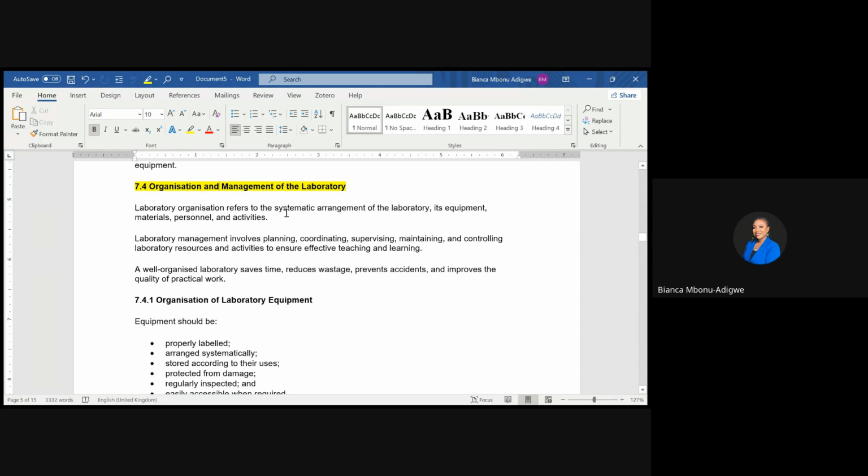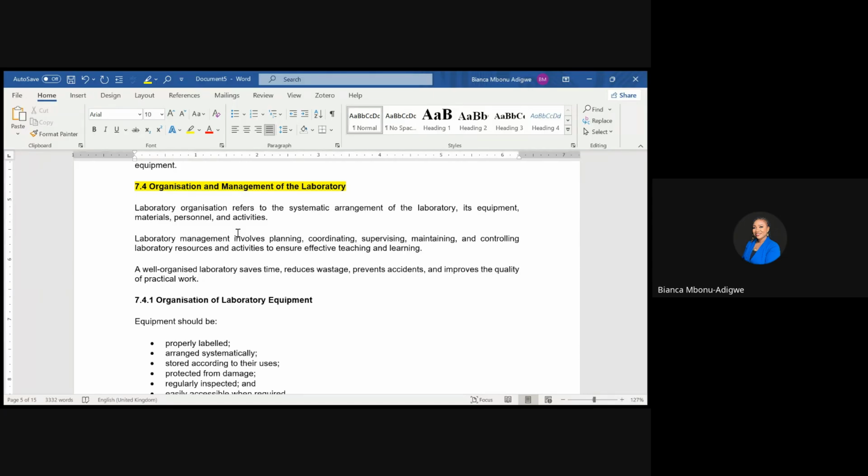Now, when we say organization and management of the laboratory, what are we talking about? We just want something that will save our time, something that will reduce wastage, something that honestly prevents accidents, something that will help you actually teach what you want to teach effectively. So we need to organize that laboratory. What does lab organization mean?